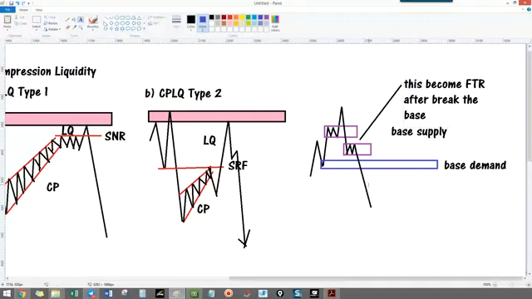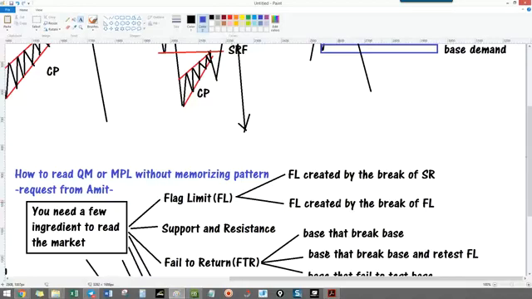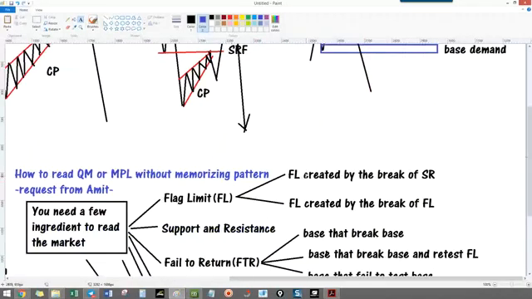Okay, this becomes FTR. FTR is so you have 2 FL. Remember, I already taught this. Amit, I'll make sure you note this down.